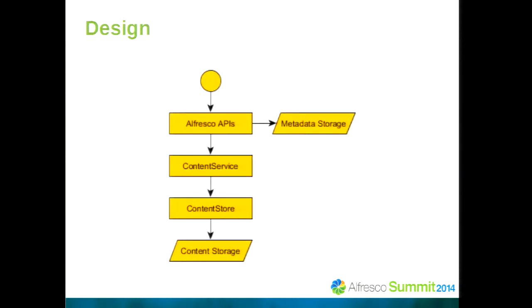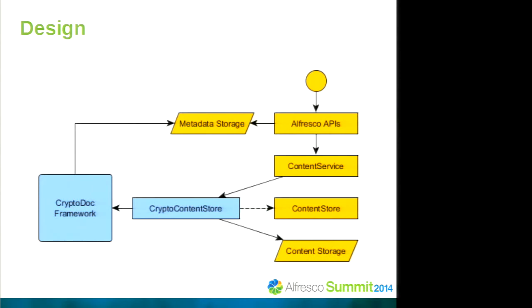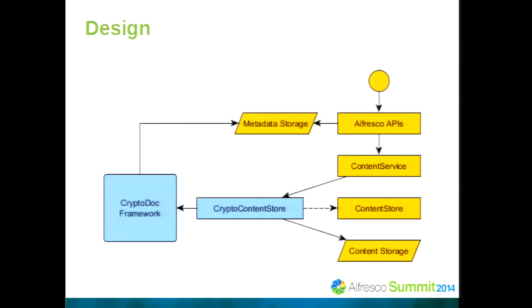The basic design, you have the Alfresco APIs. However that request gets in there, it's going to do stuff with metadata storage, hit content service, content store, and store it. And so the implementation here is to redirect from content service to hit a crypto content store and then store it. And so that uses the whole framework that does all the work for you through some configurations.